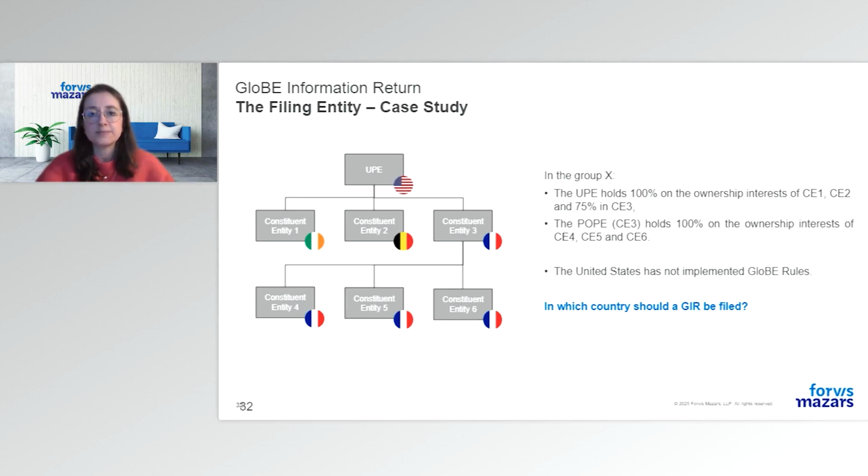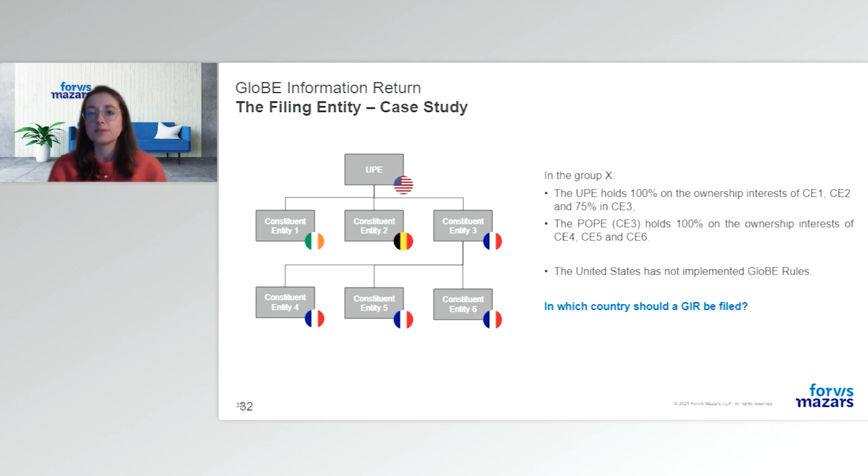And as we know that the United States did not implement the GloBE rules, the question here will be in which country the GloBE information return should be filed. So looking at what I've said earlier, generally speaking, each constituent entity is obliged to file a GloBE information return, at least in the jurisdictions where the GloBE rules are applicable.